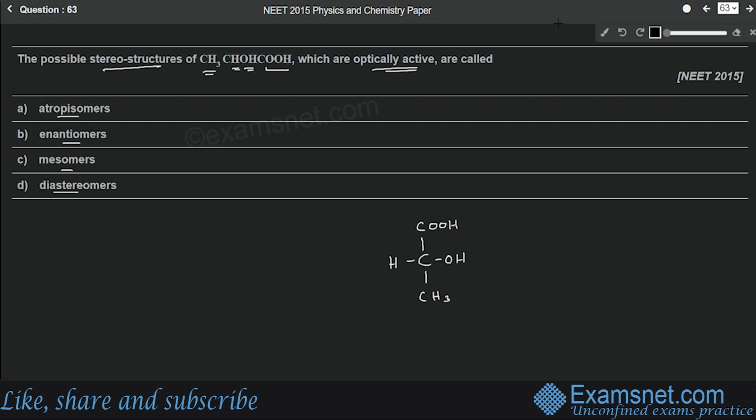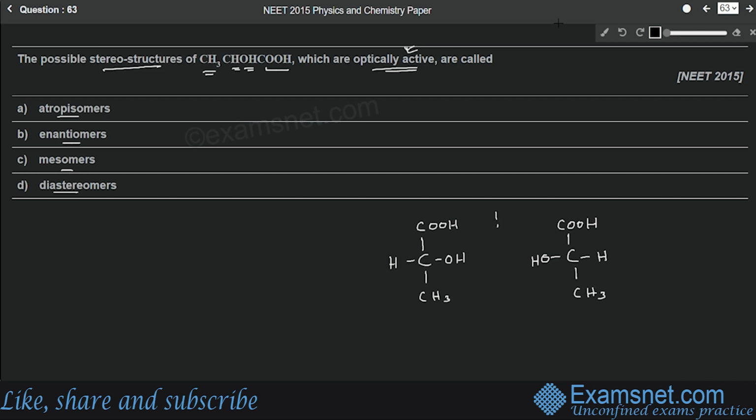Now it is given that these are optically active. That means it can be rotated. So if it rotates, the resulting structure will look something like this. This OH will come this side and hydrogen will come this side. Other things will remain the same, CH3 and COOH.